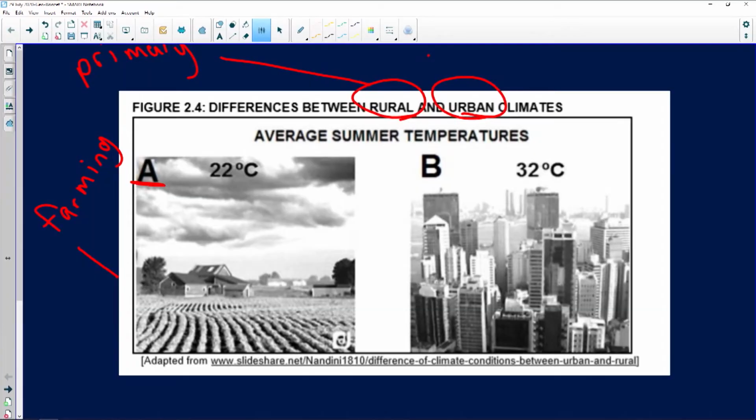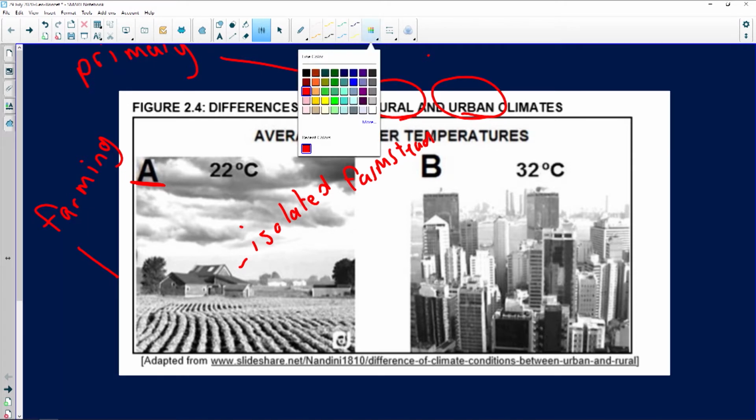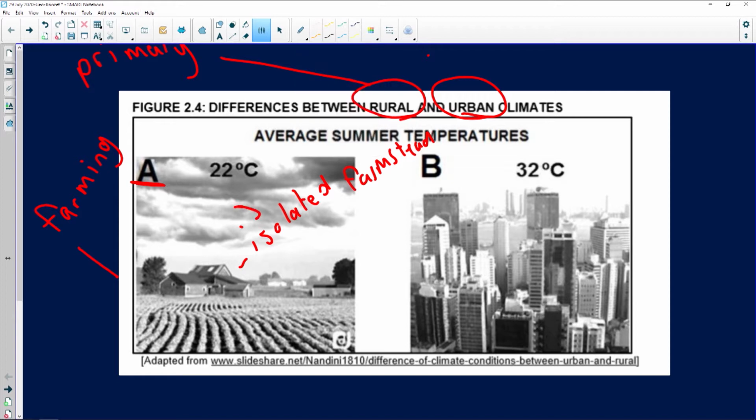Now let's go back to our diagram. I want you to pay attention quickly. This is the farmhouse. It looks like an isolated farmstead. Another thing I want you to pay attention to in the photos is the clouds.